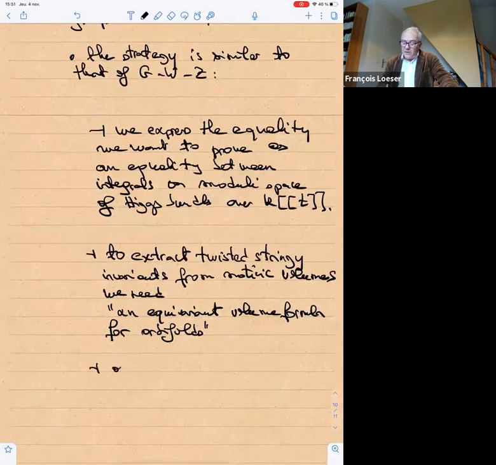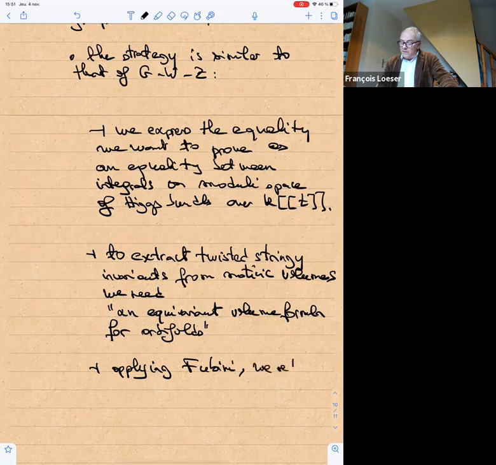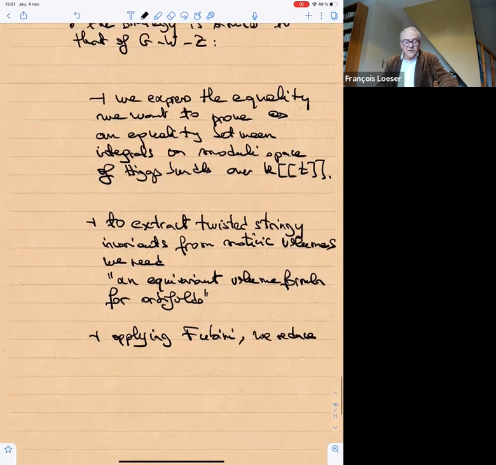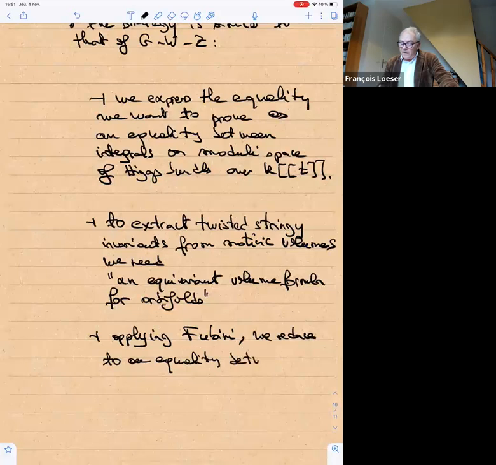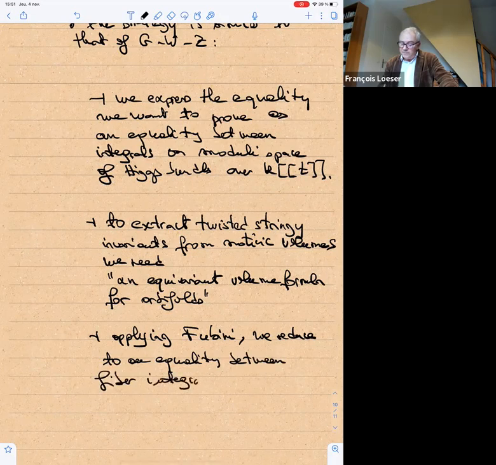Now, applying Fubini, we reduce to an equality between fiber integrals outside some bad locus.